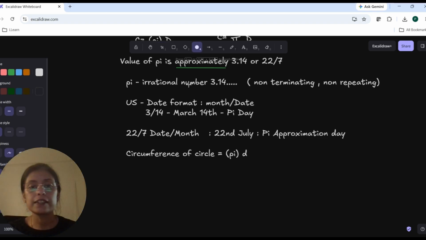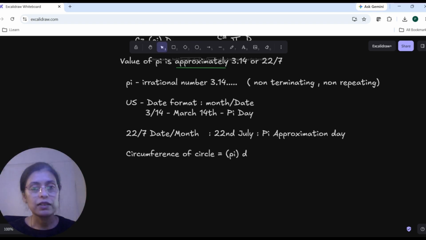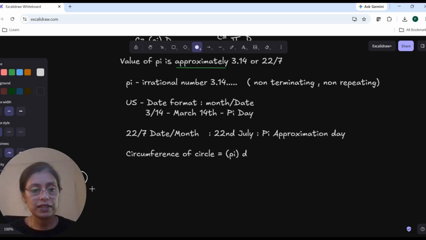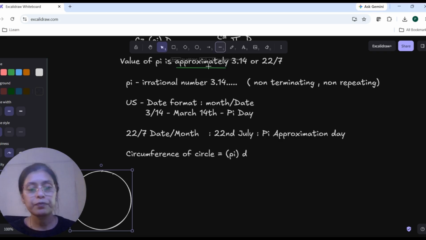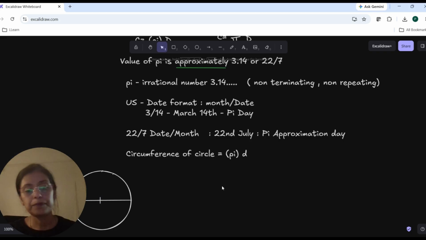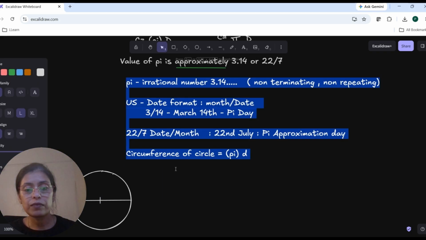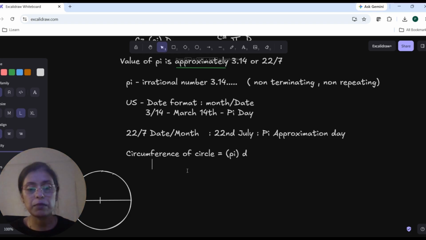I'll draw a circle here so that we are able to see things clearly. Okay, so this is our circle, and this is the diameter. This is the center. Okay, so diameter, we know already, right? What is the diameter? Diameter is equal to twice the radius, 2 into r.